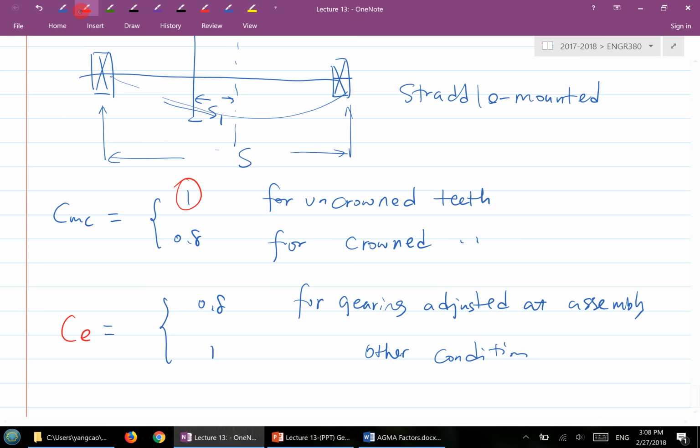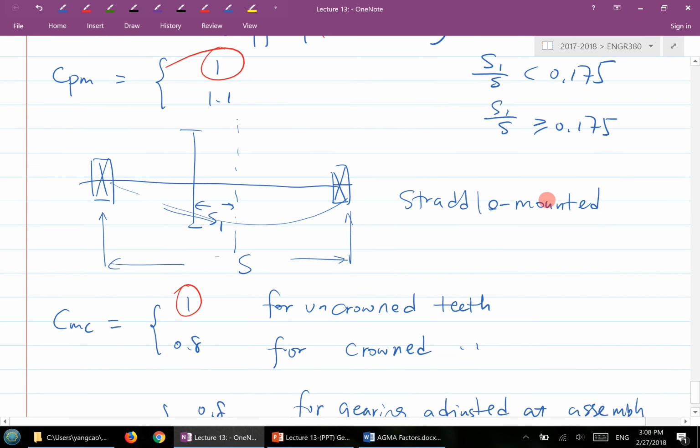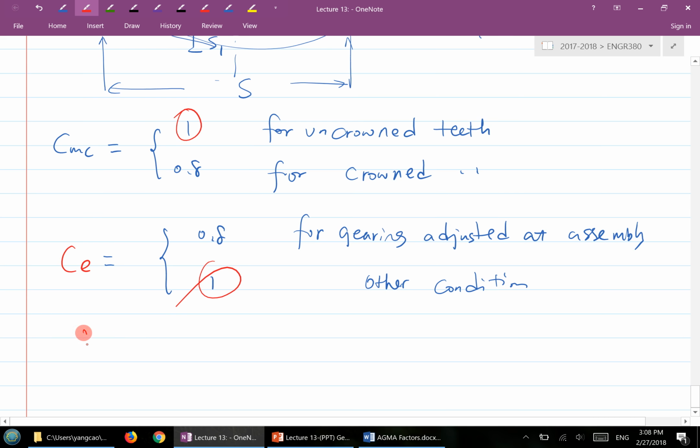We're going to take 1 again for the CE value. So this is 1, this is 1, this is 1, so we're left with 1 plus CPF plus CMA. Your KM will be just 1 plus CPF plus CMA. Then let's look at the details for CPF and CMA.